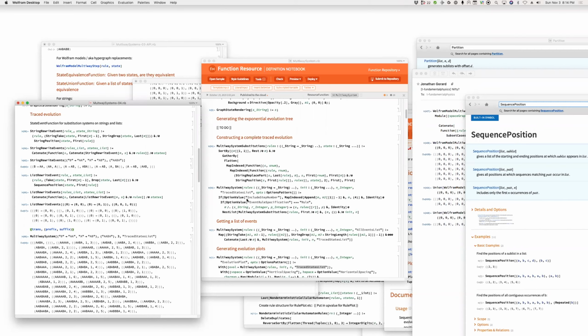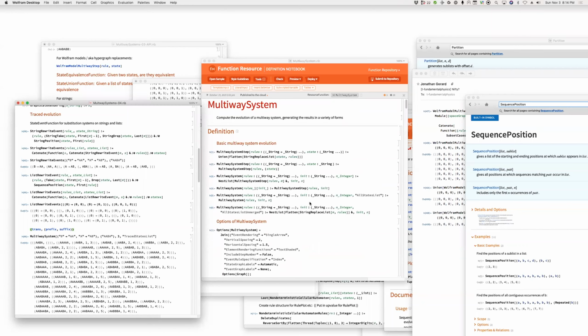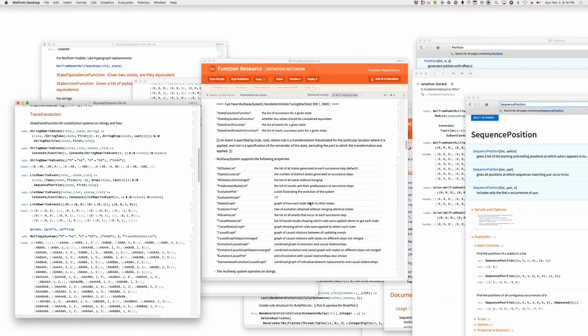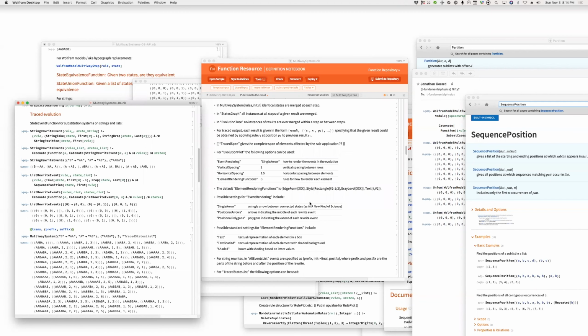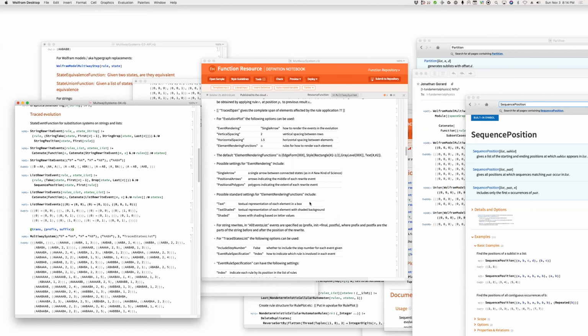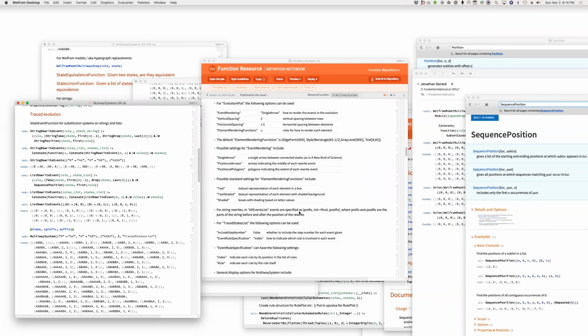Well, I'm not sure what the event rule specification is doing. Let's find out what that is. That's something we don't care about. The step number for each event might be useful. What do you think? I think so, given that it's non-trivial to reconstruct it from the information that's given.